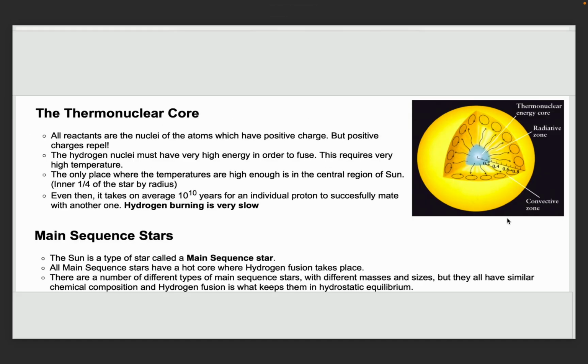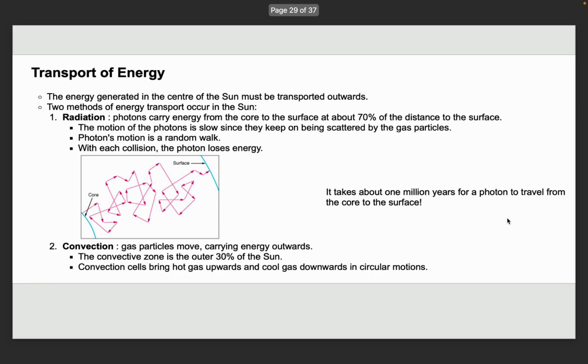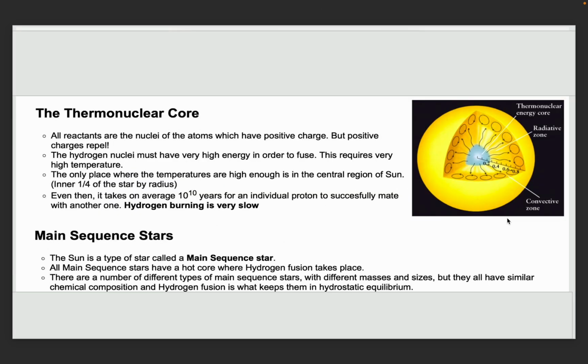So the thermonuclear core: one can check what the thermonuclear core of the sun is. All the reactants are nuclei of atoms, which have positive charge, but positive charges repel. The hydrogen nuclei must have very high energy in order to fuse. This requires very high temperature.